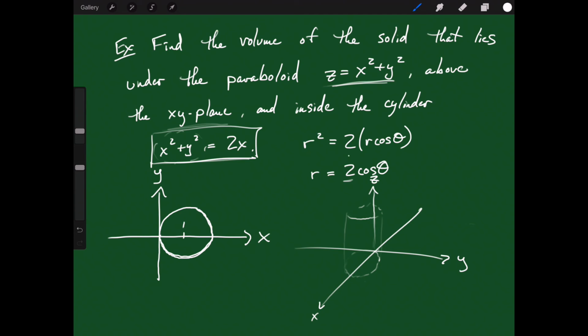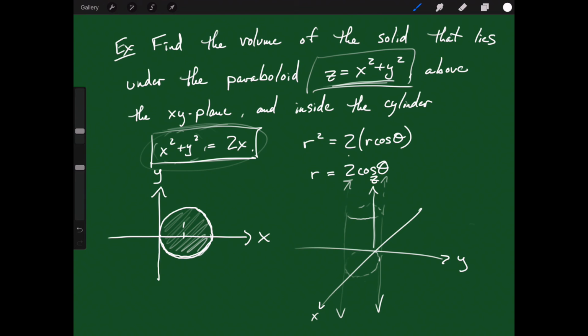It's tangent to this z-axis, but it keeps going up and down forever. And then we've got some paraboloid that is inside of that cylinder. So we want to know how much volume is there sitting underneath this paraboloid inside this cylinder, or if you like, above this region that I shade in right here.